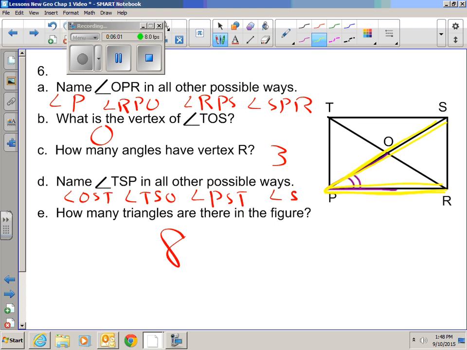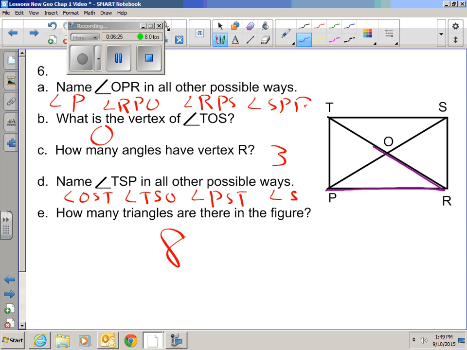Okay? What is the vertex of angle TOS? Well, angle TOS is right there. So its vertex is point O. How many angles have a vertex of R? Well, let's see. There are 3. There is one right here, angle ORP.